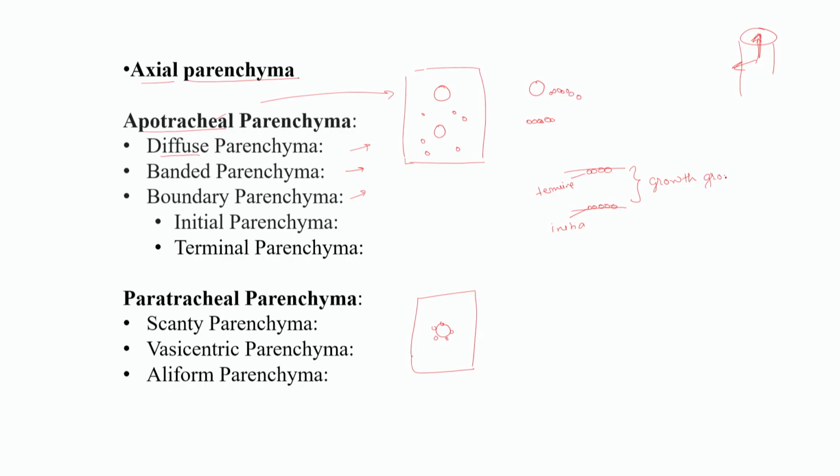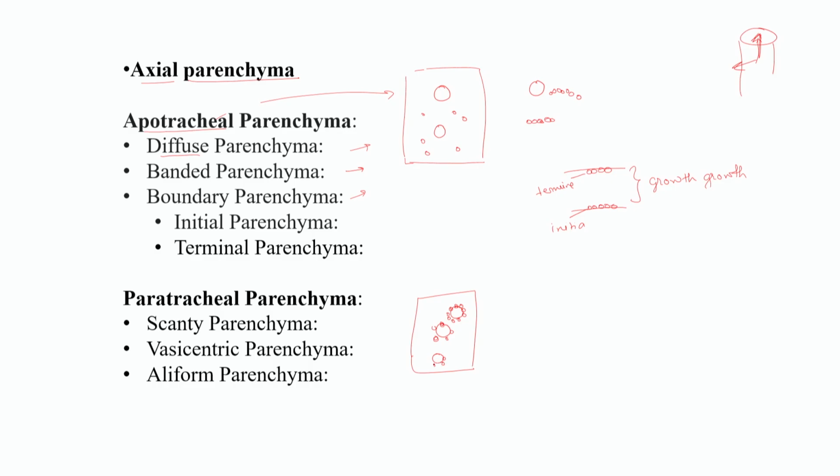But in this you can see that they are not attached with the vessel, whereas in paratracheal parenchyma they are attached with the vessel. Now, when few parenchyma are attached with the vessel, it is known as scanty, and in vasicentric parenchyma they form a continuous sheath around the vessel. In aliform, they form a continuous sheath, but they extend to form wing-like structures.